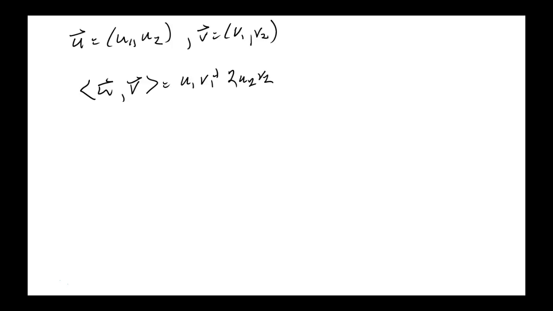Awfully close, but it's not. I did the dot product at first, thinking they didn't give us anything after that. Now, what are they asking? Show that that function does define an inner product on R2.